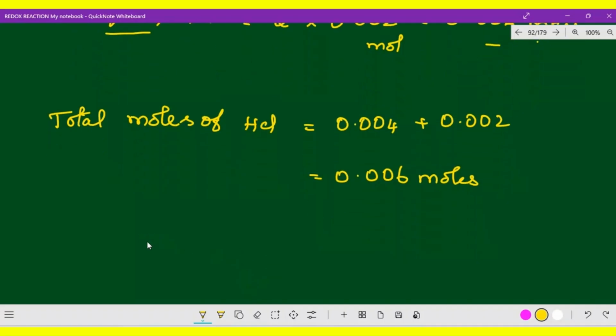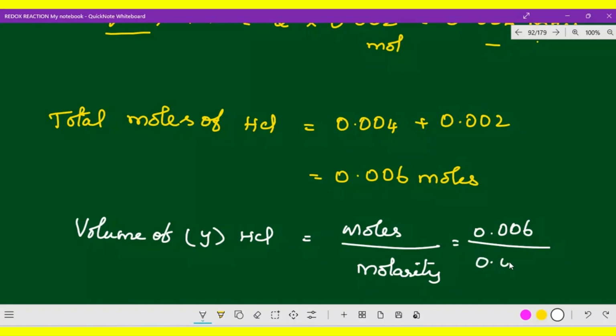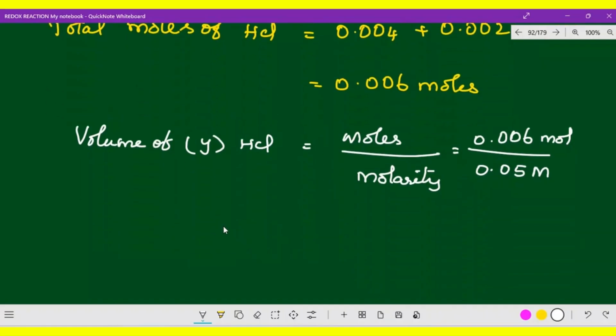Now, volume of Y we have to identify. How to identify volume of Y? Volume of Y means HCl only, right? So volume of Y, it is moles by molarity. Always volume means it is moles by molarity. So moles by molarity, it is 0.006 divided by molarity. What is the molarity of HCl? It is 0.05 M. This is mole and this is molarity. So what is the answer you will be getting? You will be getting around 0.120 liter.